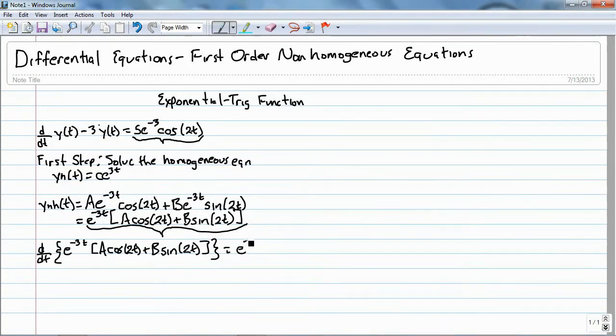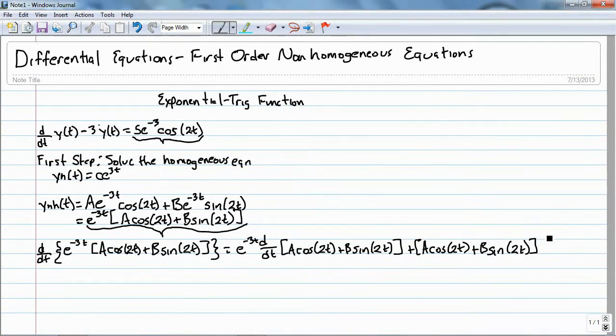Okay, so let's use the product rule. I'll have e to the negative 3t times the derivative of a cosine 2t plus b sine 2t, plus a cosine 2t plus b sine 2t times the derivative of e to the negative 3t.